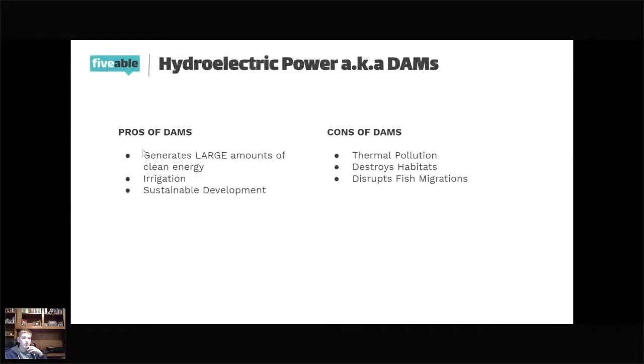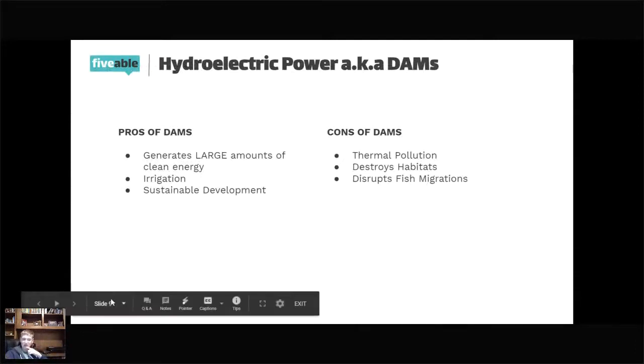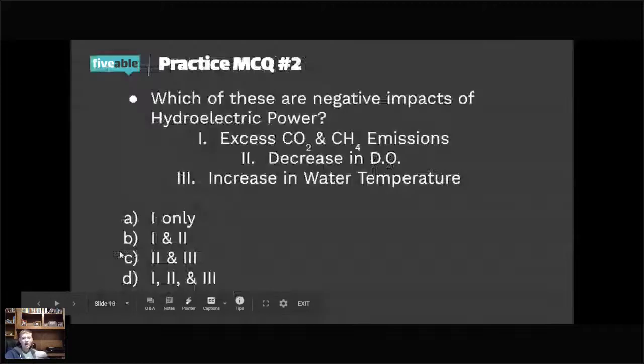What was one of the pros of dams? Creates large amounts of clean energy. I don't think that CO2 and CH4 emissions are that clean for our atmosphere. So for right now, I don't think that 1 is a good answer. Ah, 1 was a trick answer. It's the opposite.